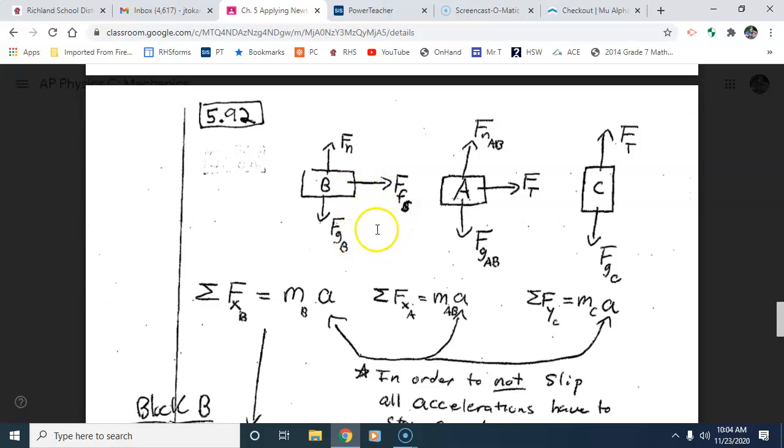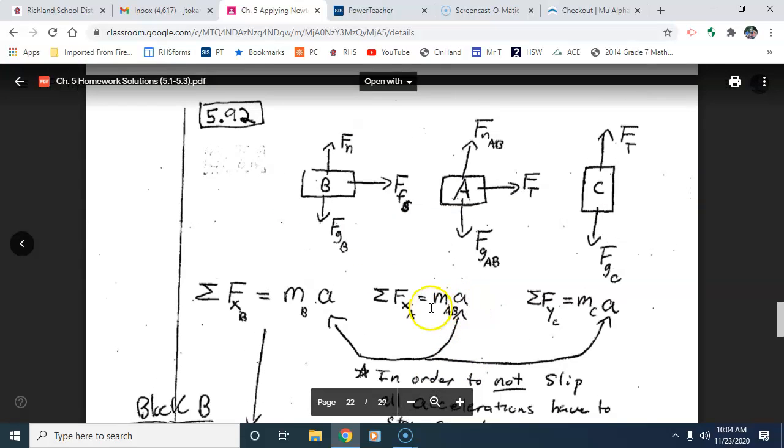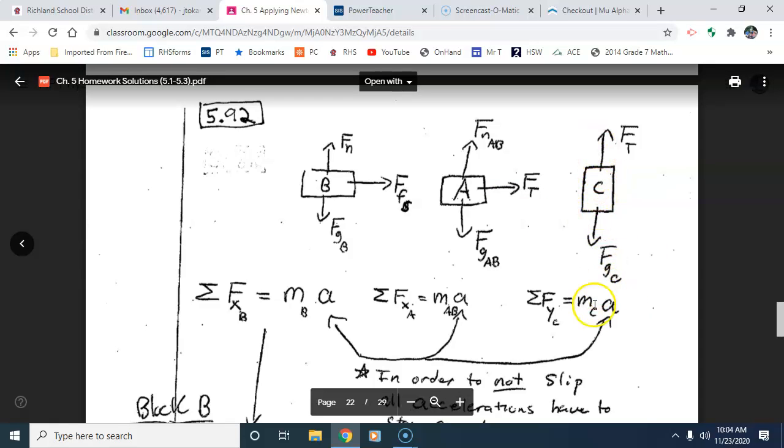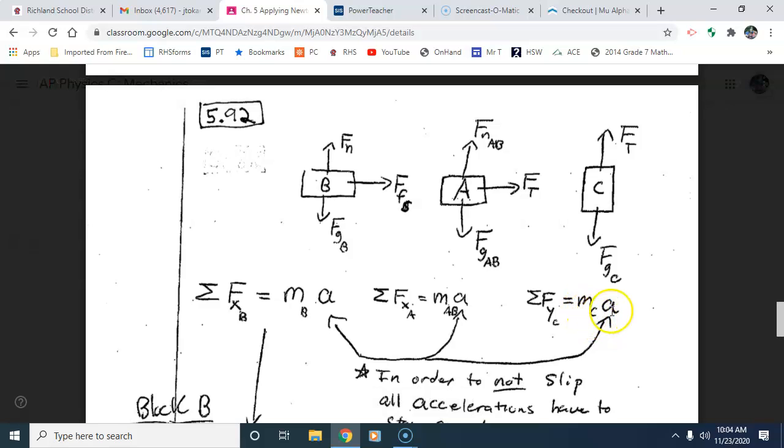So on the other block, block A, we only have tension to the right. Remember, we're ignoring friction between the block and the table, it told us to. And then we could also sum up the forces on block C in a moment, and it equals the mass of just C times the acceleration.